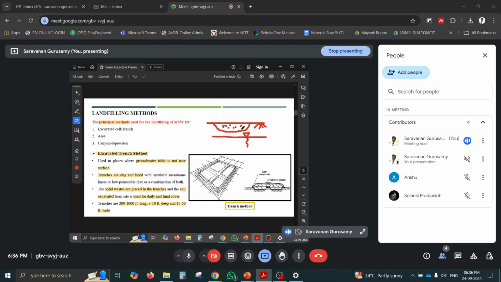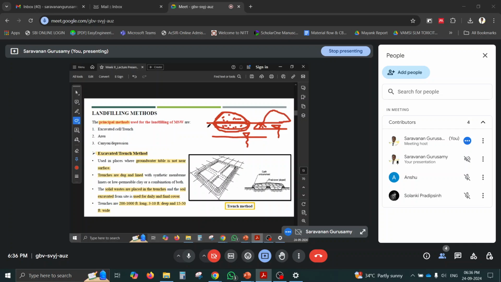So I can have lots of volume. Above also I can fill solid waste. So instead of this much cubic meter, I am getting some extra volume for the accommodation of solid waste. If the area has the water table near to the ground, then I have to use only the area method.